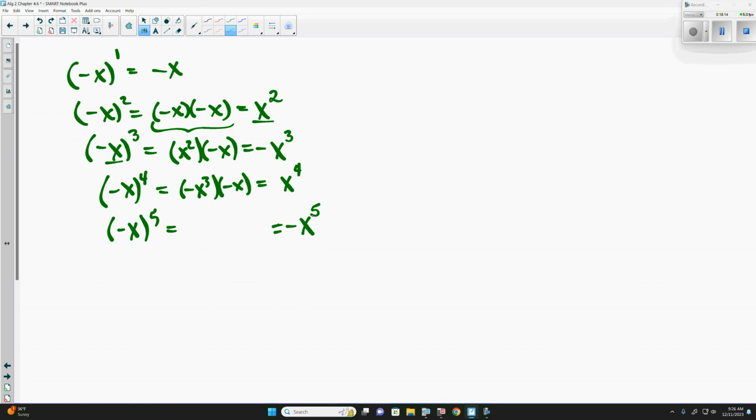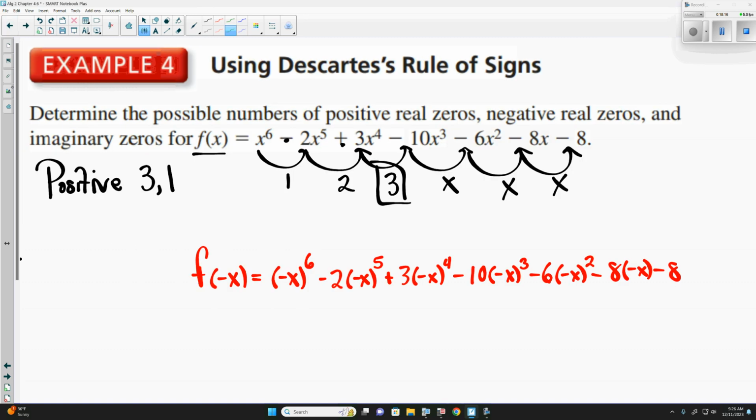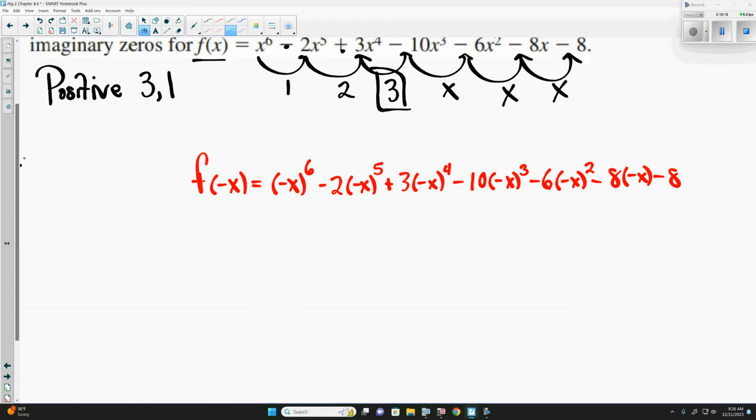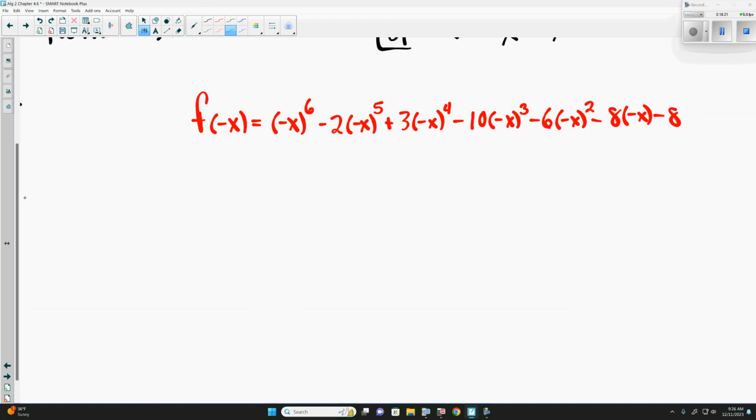And the reason that this is helpful is because if I look through this here, we can look at x to the 6th first. The 6th power is even, yes? So that means that negative is going to turn into a positive, leaving me with just x to the 6th power.